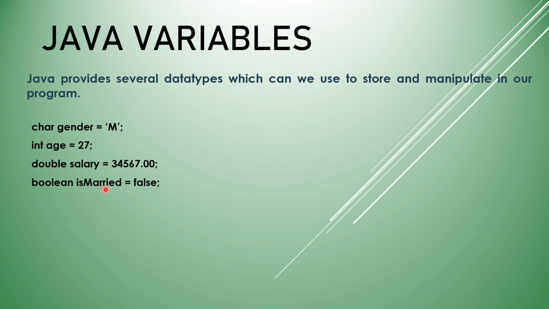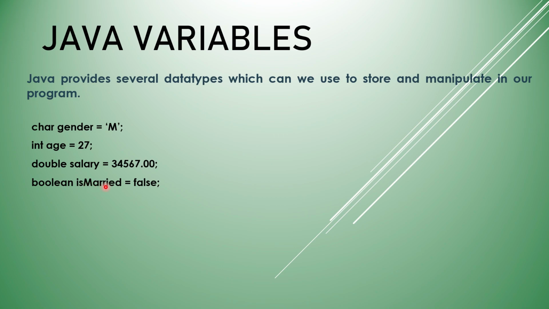In the fourth example, we are creating a variable called is married. So it is basically for the marital status, whether he is married or not. So the value can be either true or false. If the person is married, we can store true here.